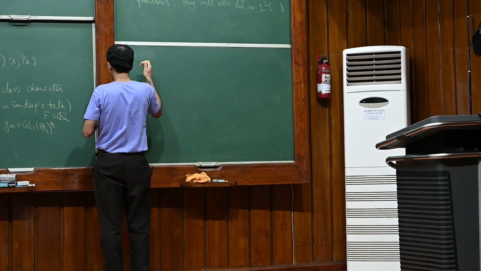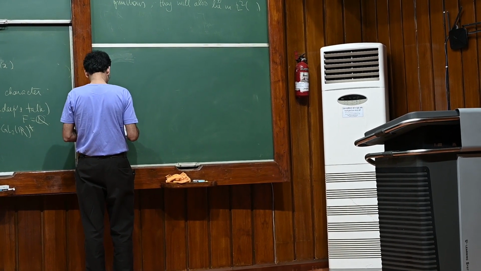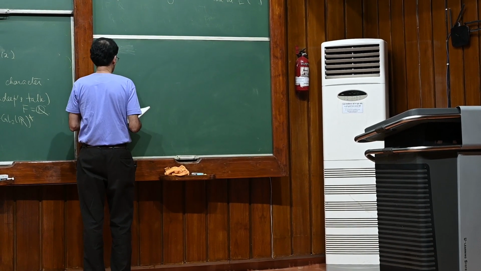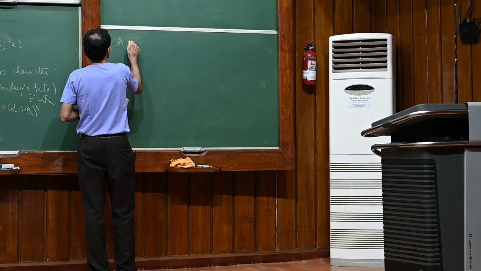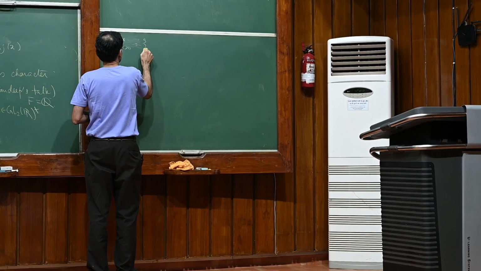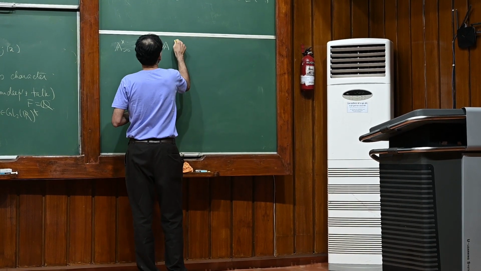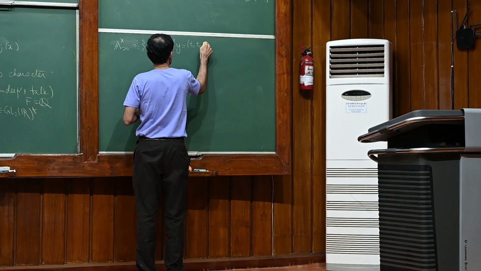So let me define the following: this thing will be Y in the adeles. So Y will of course look like some t, t, t.